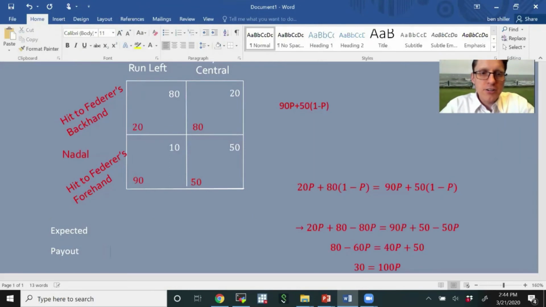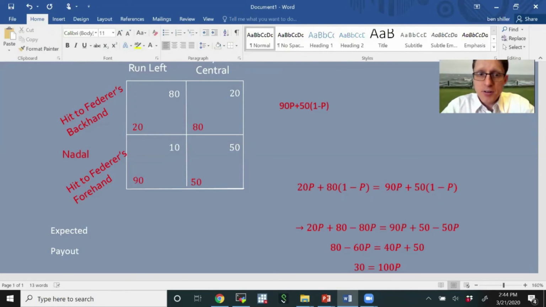Nadal is going to want to choose a probability to equalize Federer's payoffs from his two strategies, which are running left and staying central. So let's start by writing down Federer's payoffs if he runs left as a function of the probability Q that Nadal hits to Federer's backhand.